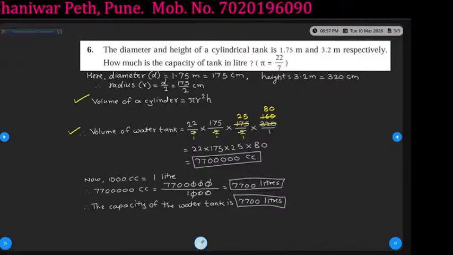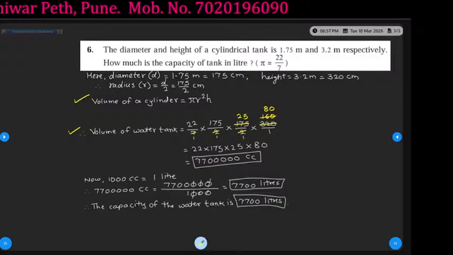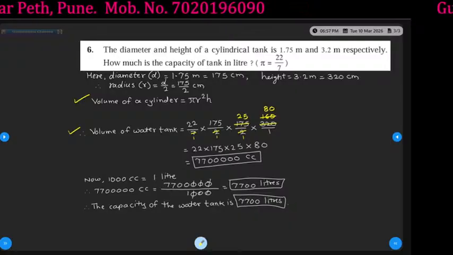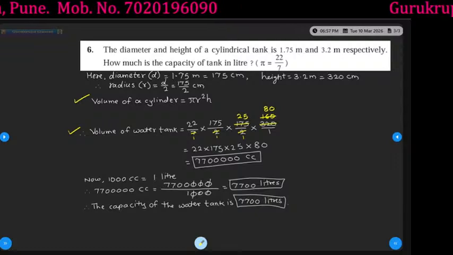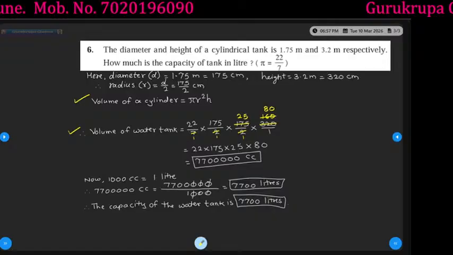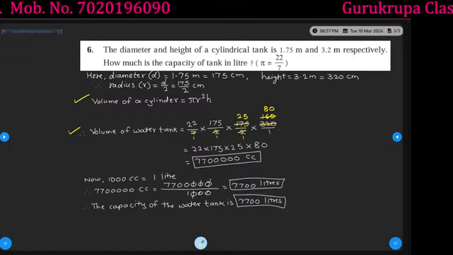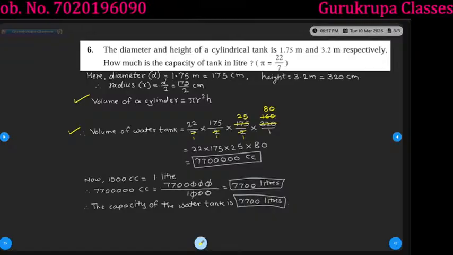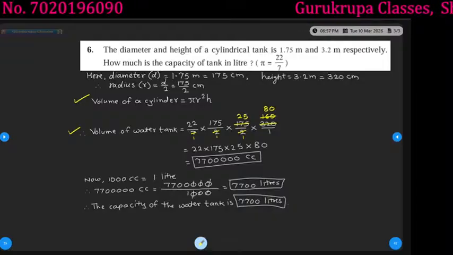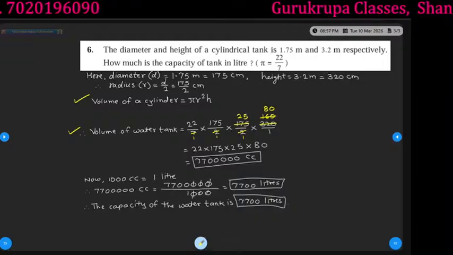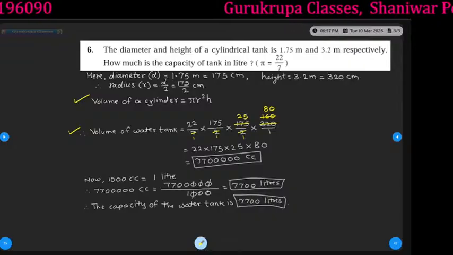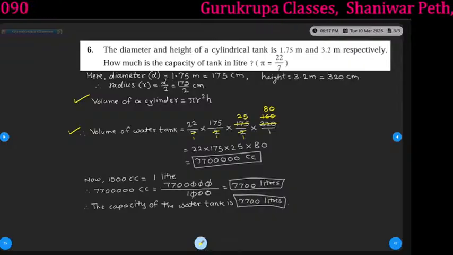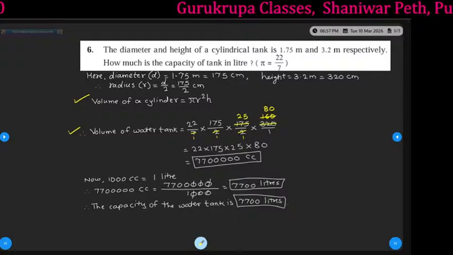Now substituting the values, volume of the water tank is equal to 22 upon 7, value of r is 175 by 2, two times because it is square, into height 320 upon 1. So by dividing we get calculation of the numbers 22 into 175 into 25 into 80. We get the answer, that is 77 lakh cc.